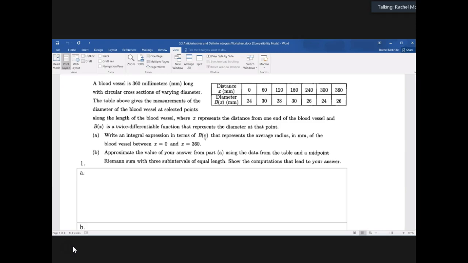I'll give you a big hint. What does B of x represent? It represents the diameter, exactly. And this asks for average radius. Radius is half the diameter. So the reason that it's over 2 is because it's asking for average radius, not diameter.